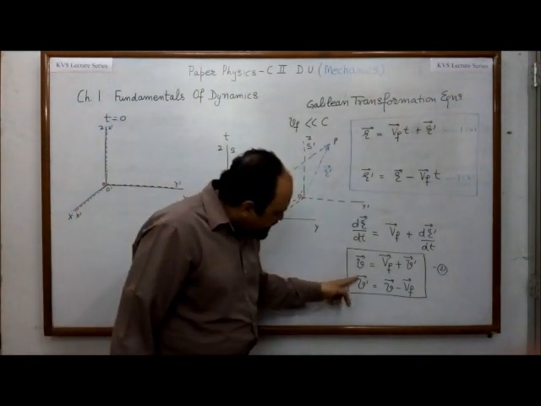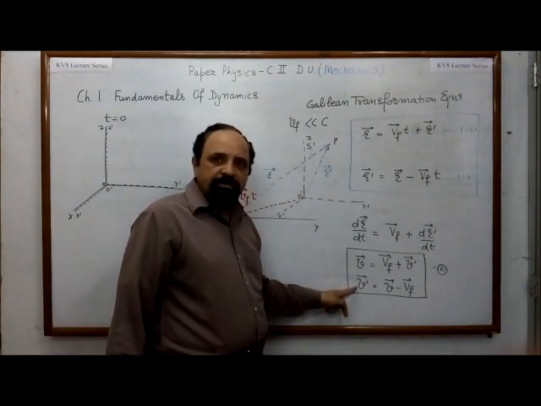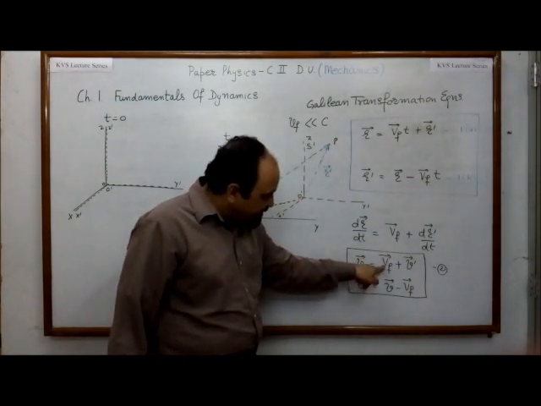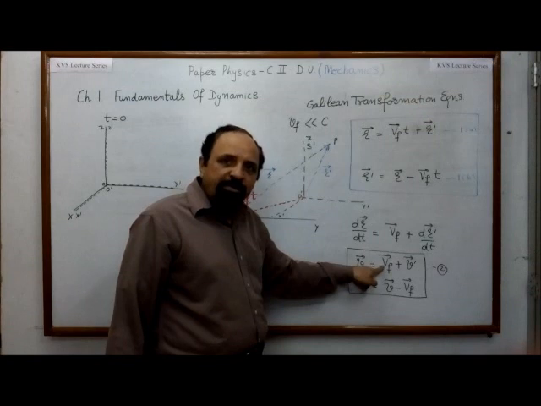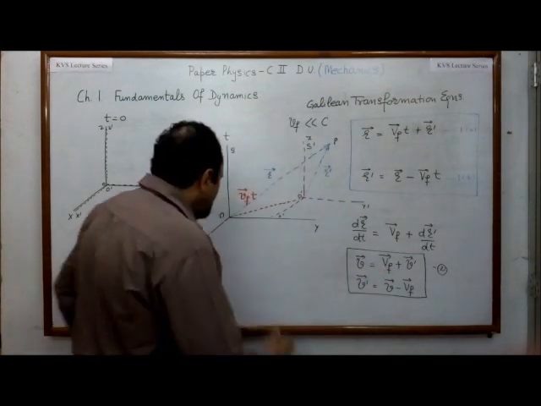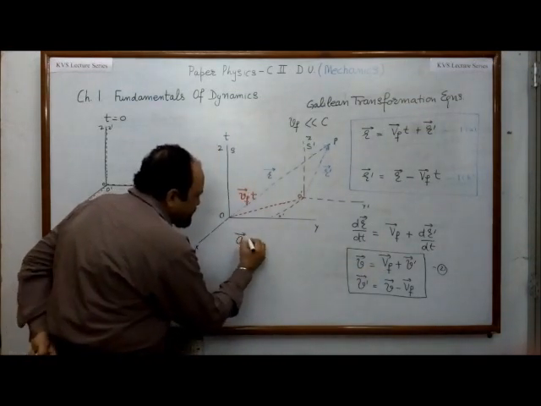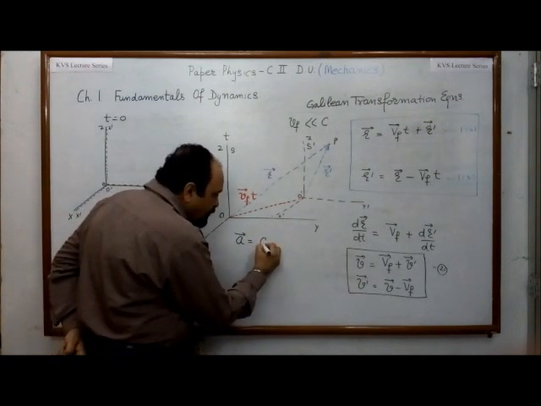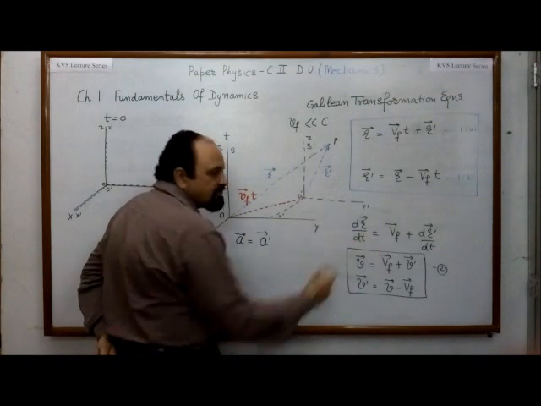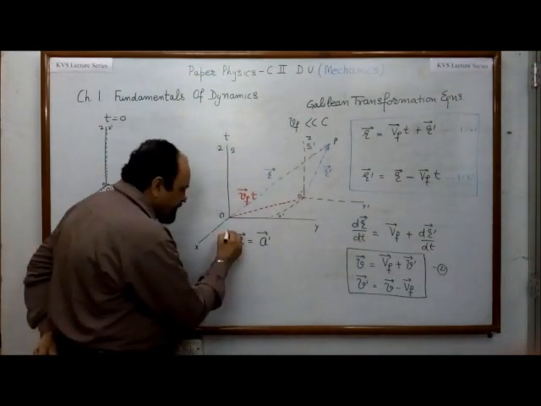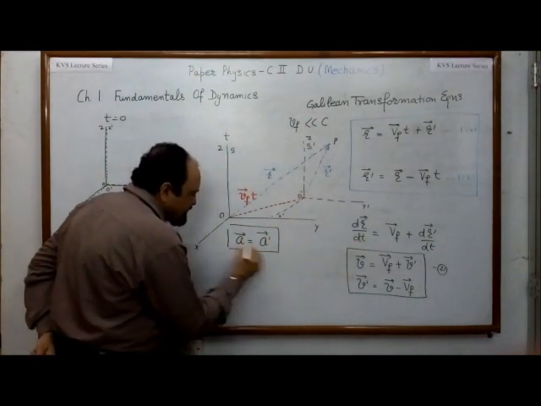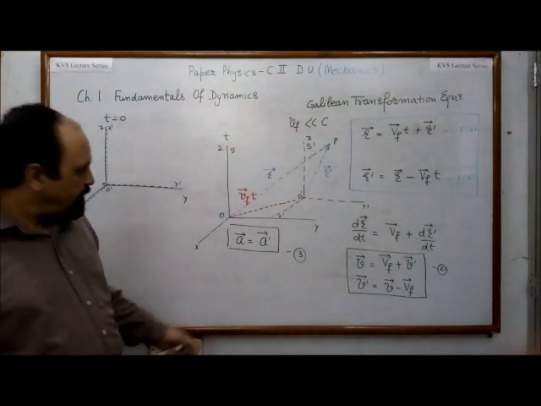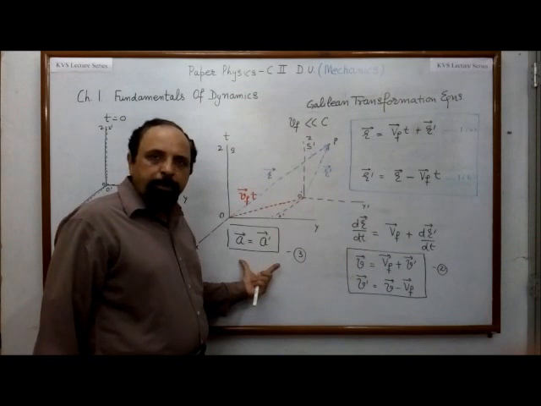On further differentiating this equation with time will yield the acceleration relation, and interestingly, since Vf is constant, its time derivative is 0, we have acceleration observed in S frame exactly equal to the acceleration as observed in the S' frame. So this is the transformation equation for acceleration.